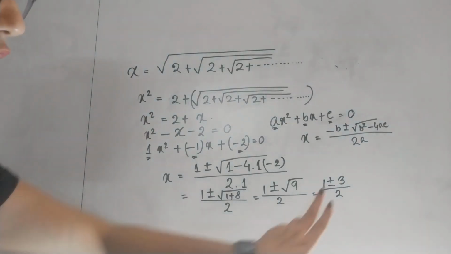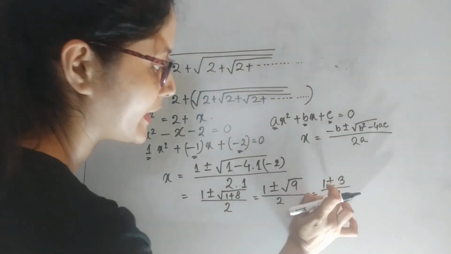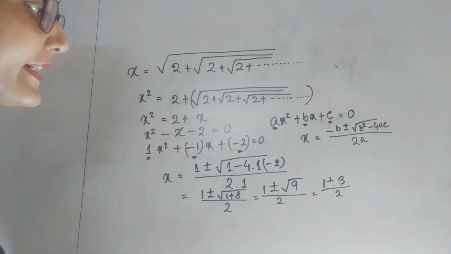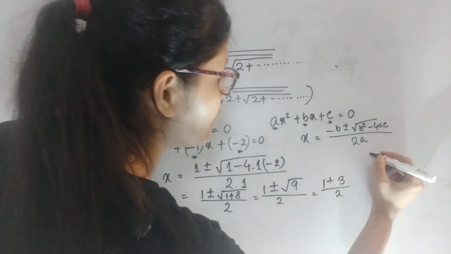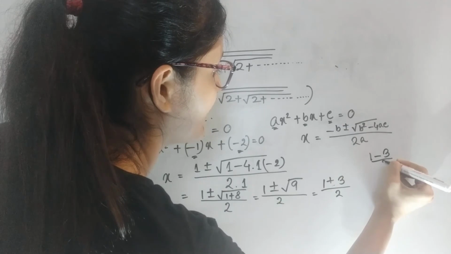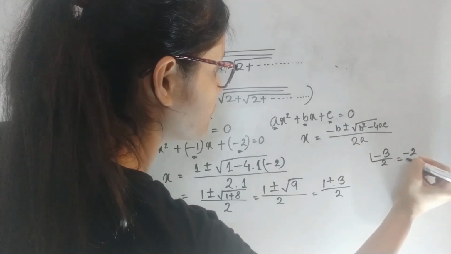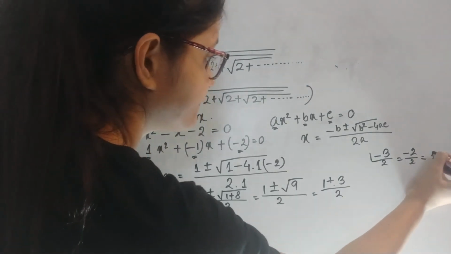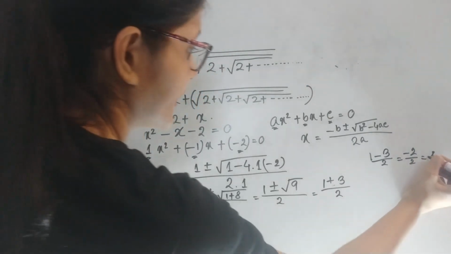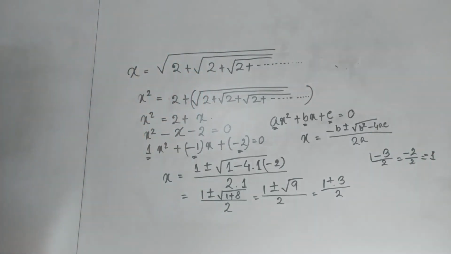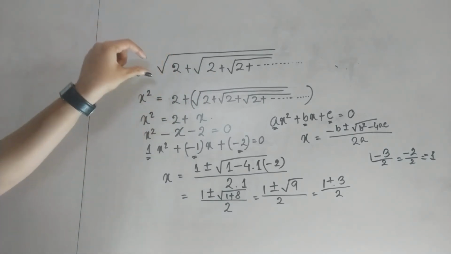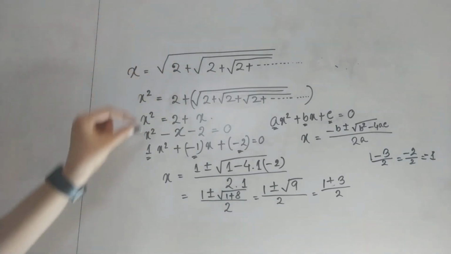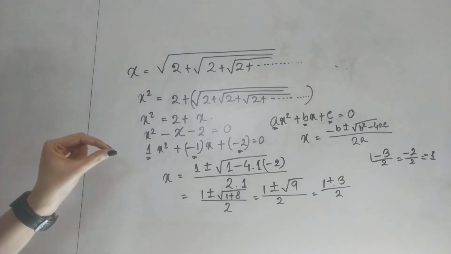Here we won't consider this minus part, because if we consider this minus part, it will look like 1 minus 3 by 2, that is minus 2 by 2, that is minus 1. So from here we can say that root of any positive number can never be negative.